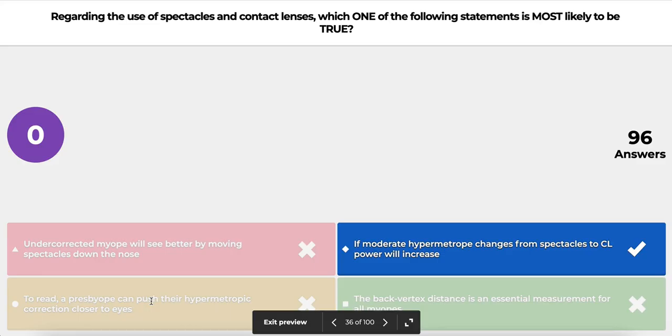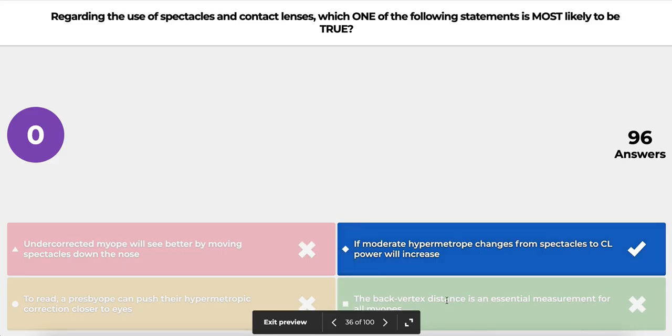And what happens when we do the reverse, like changing from spectacles to contact lenses, or moving the lens toward the eye? This will decrease the effectiveness of the lens, or decrease the magnification. In order to compensate for this decrease in magnification, we need to increase the power. That makes B the right answer.